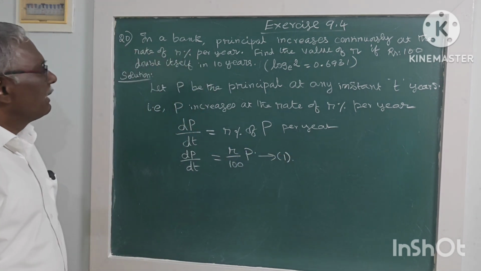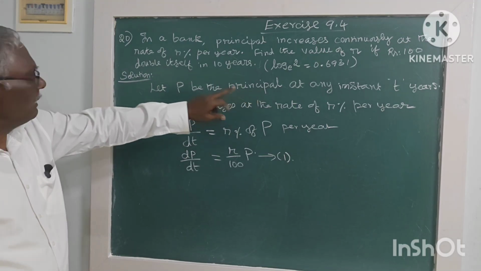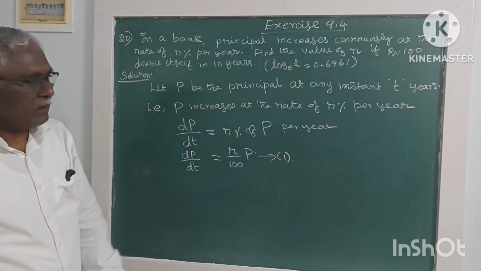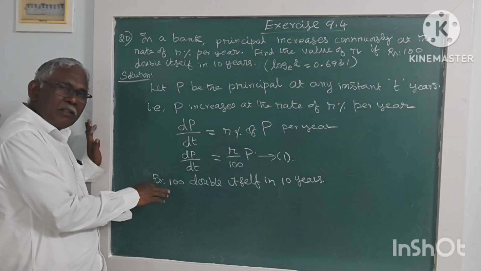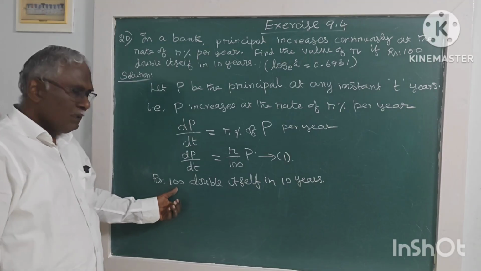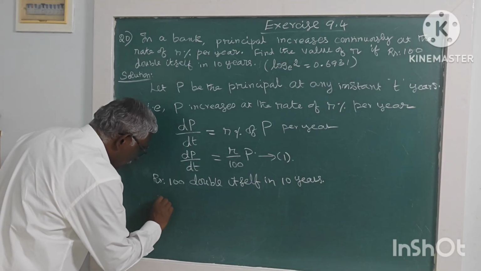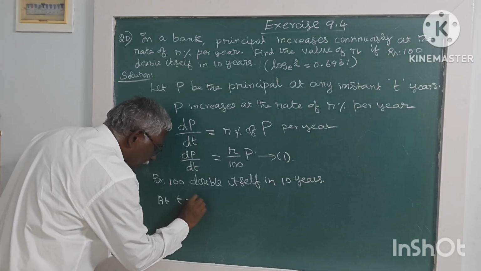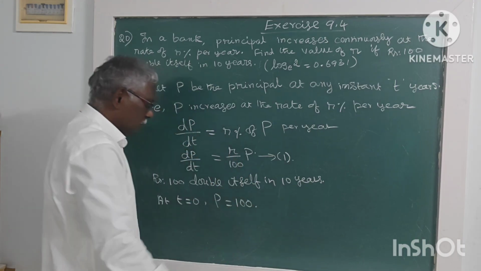Now we have to see the condition. Rupees 100 double itself in 10 years. That means at time t is equal to 0, principal is 100 rupees. That is, at t is equal to 0 years, p is equal to 100 rupees.